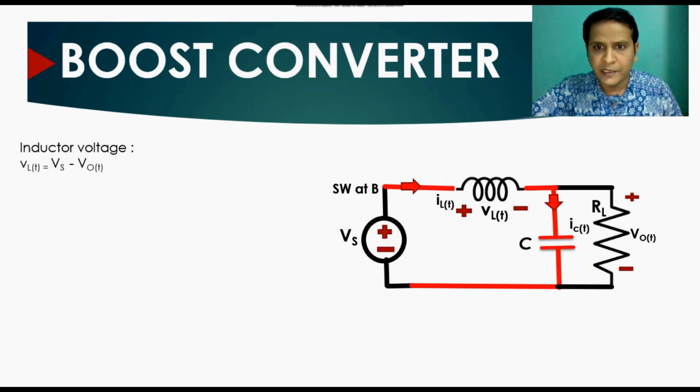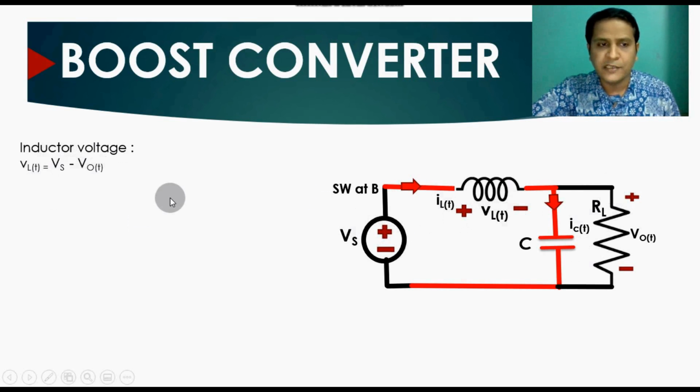So what is the inductor voltage? Now you can apply KVL in this loop here. If you apply KVL, the voltage across the inductor VL(t) equals Vs minus VO(t), that means supply voltage minus output voltage.